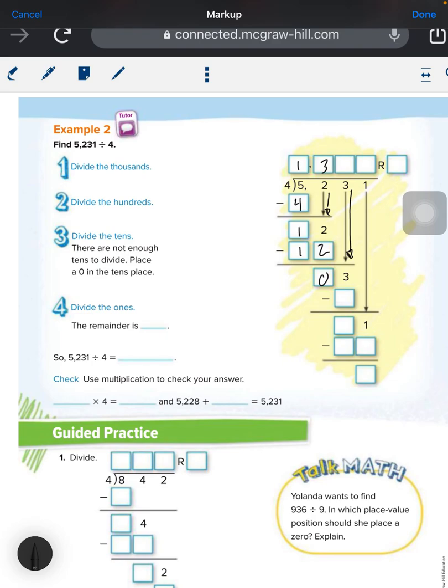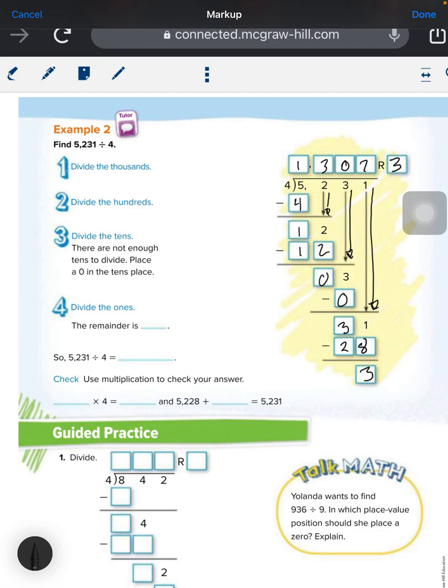Bring down the 3. But 4 will not go into 3, so right above the 3 we need to put a 0. 0 times 4 is 0. Then we have 3 minus 0 would be 3. Bring down that 1, and we are about finished. 31. 4 will go into 31 about 7 times, because 4 times 7 is 28. 28, 29, 30, 31.